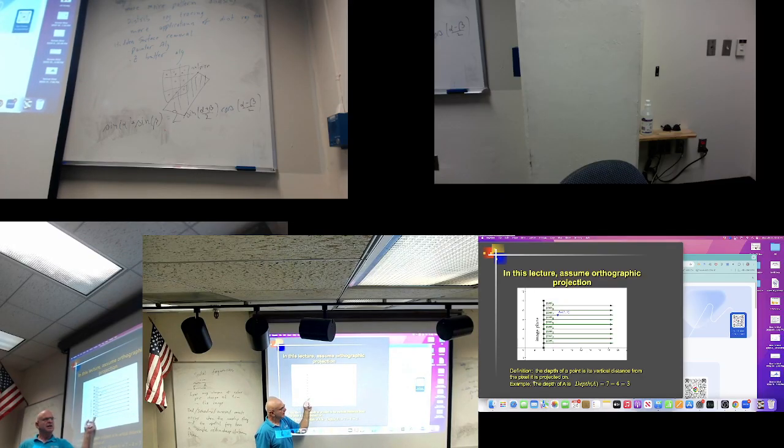So I'm going to describe a set of algorithms that assumes orthographic projection. An object A is just projected onto the image plane by removing its z value.